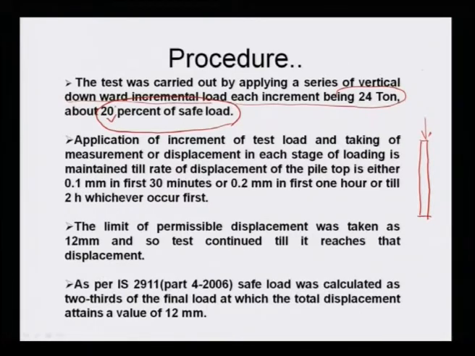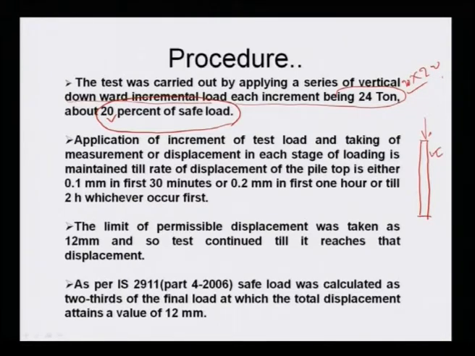That means suppose you are taking 200, it will be 20% first. You can start with this 40 ton or 40 kg per cm square. So every time you have to increase by 20% of safe load. This is how it comes from theoretical calculation.